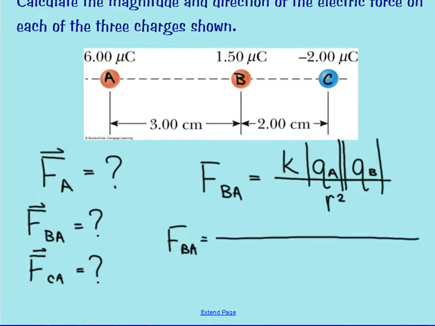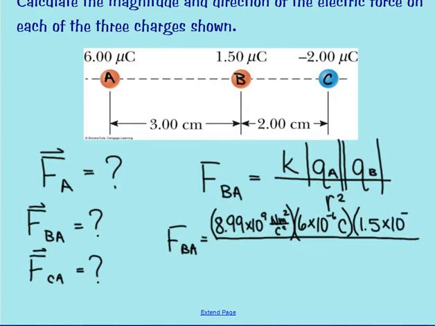We've learned that K is 8.99 times 10 to the 9th Newton meters squared per Coulomb squared. QA, the problem tells us, is 6 microcoulombs, or 6 times 10 to the negative 6th coulombs. And QB is 1.5 microcoulombs, so 1.5 times 10 to the negative 6th coulombs.